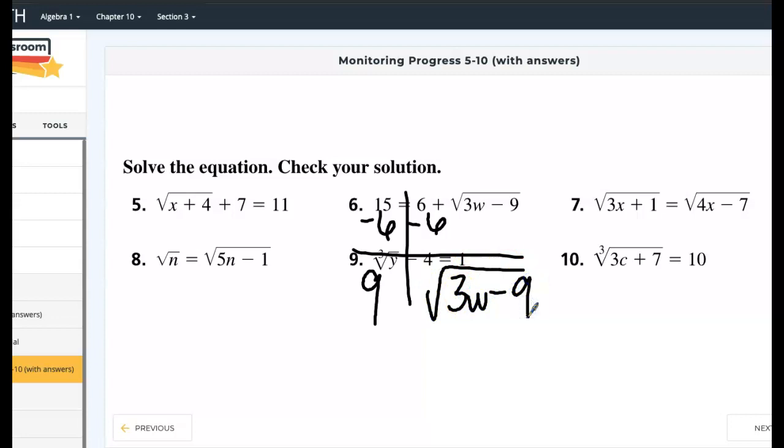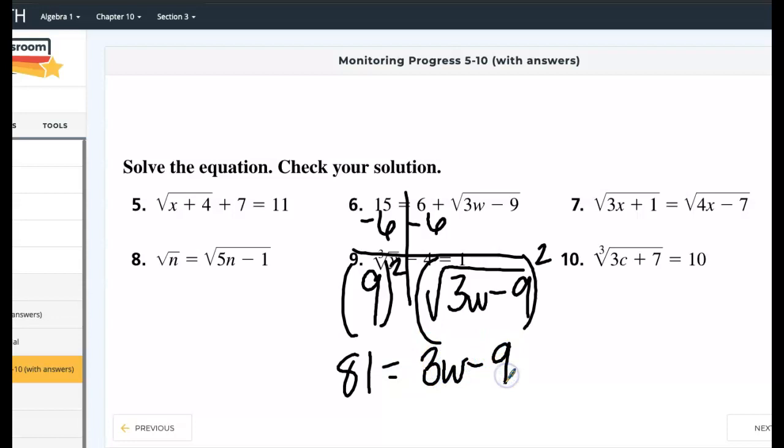Then I would square it. 81 equals 3w minus 9. Then I would add that 9 to make it 90 equals 3w. Then I would divide by 3, so w equals 30. Thumbs up if you got 30.